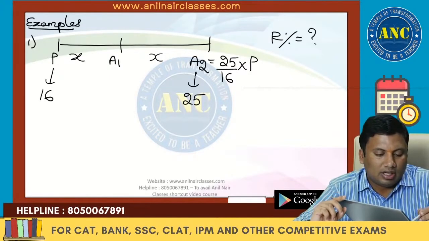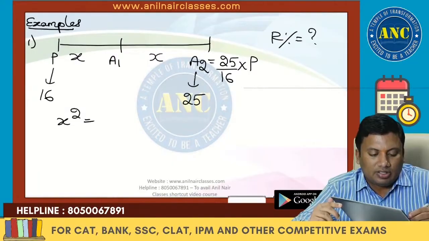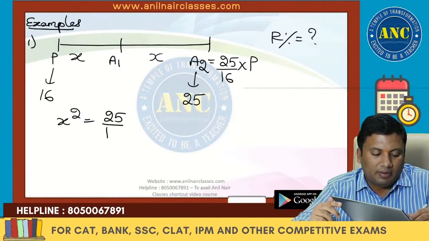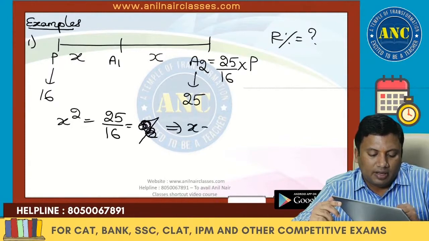So x into x is x square. X square became 25 by 16. So x is nothing but 5 by 4.